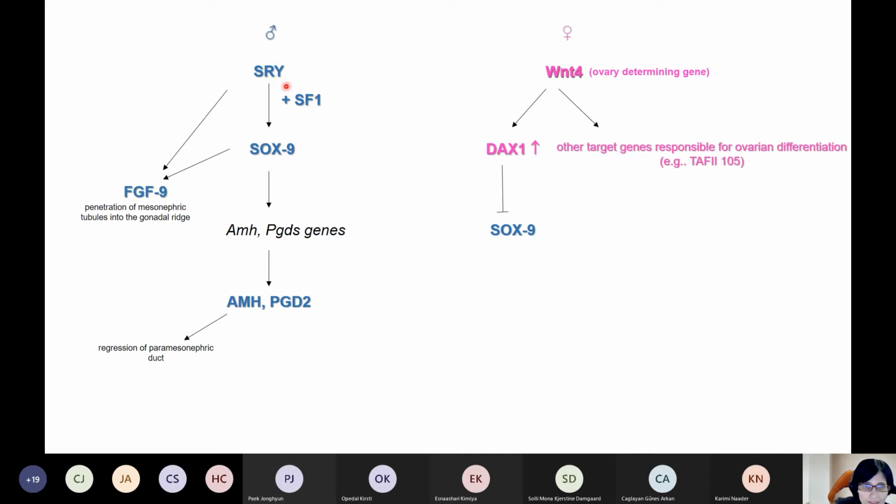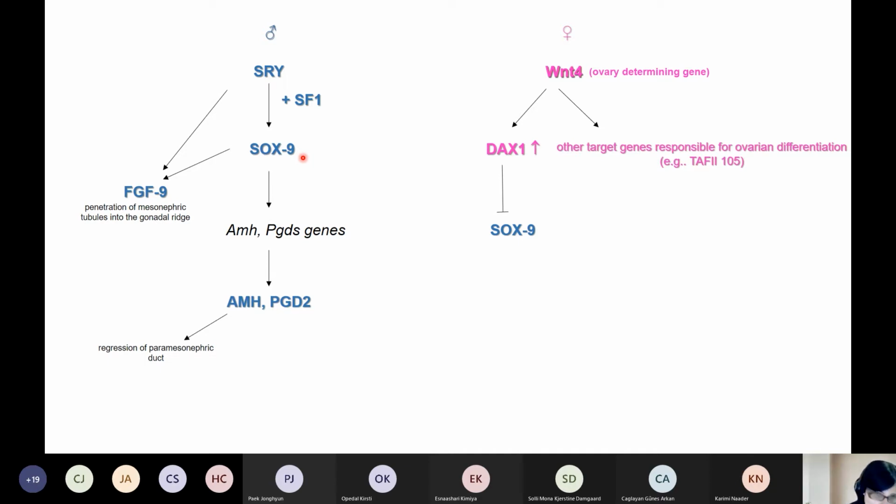The SRY and the SF1 together with this complex formation have a very significant effect on the SOX9 upregulation. SOX9 upregulation is necessary for the male development. If we don't have any upregulated SOX9 factor, female development will occur.